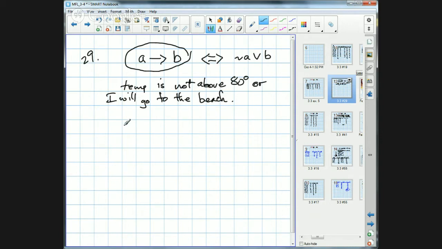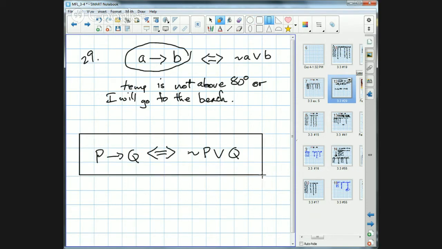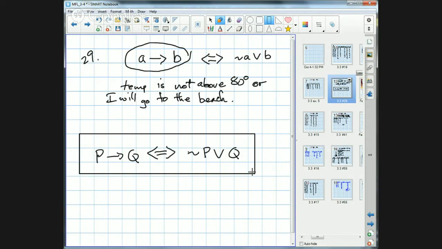But here, if we have if P then Q, that's always equivalent to not P or Q. This is an important fact that will always be true. This is kind of like a theorem or a rule, something that's always true.